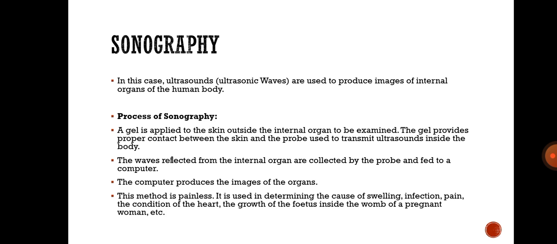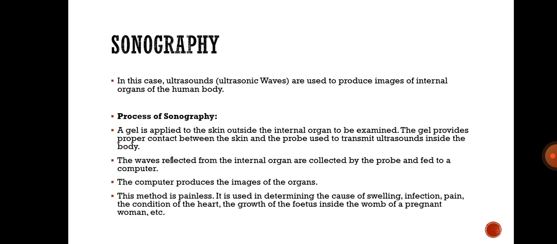The gel provides proper contact between the skin and the probe, because with the help of that probe only the ultrasound is transmitted. So, that probe transmits the ultrasound inside the body.